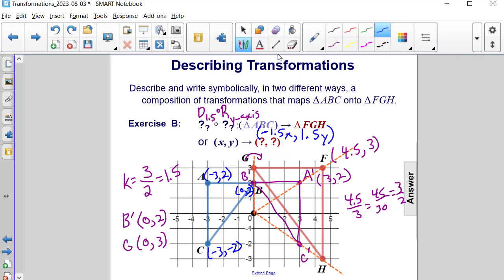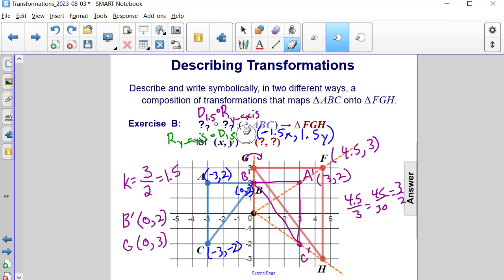So therefore, we can also write our composition of transformations as a reflection across the y-axis after a dilation with a scale factor of 1.5 of triangle ABC maps to triangle FGH.